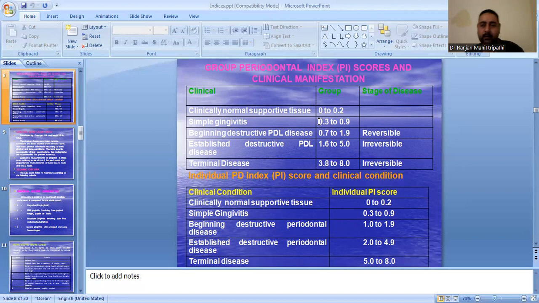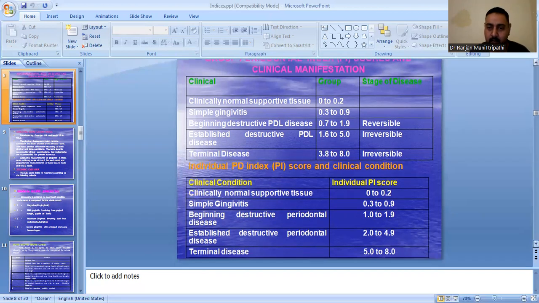The beginning destructive periodontal disease is present when the score is 1.0 to 1.9. Established destructive periodontal disease has a score of 2.0 to 4.9. And the terminal disease we say when the score is 5.0 to 8.0.